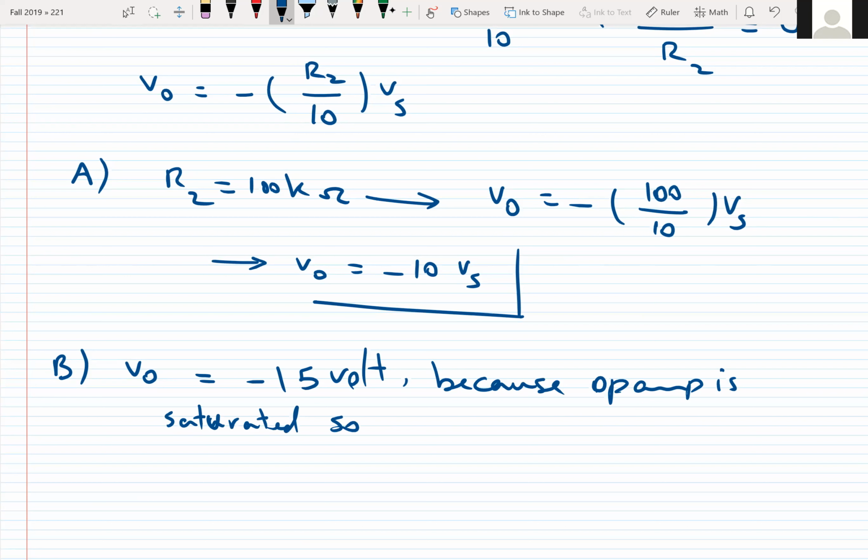So VO is equal to negative VCC. Why negative VCC, not positive VCC? Because it's saturated from the negative side. Any question?